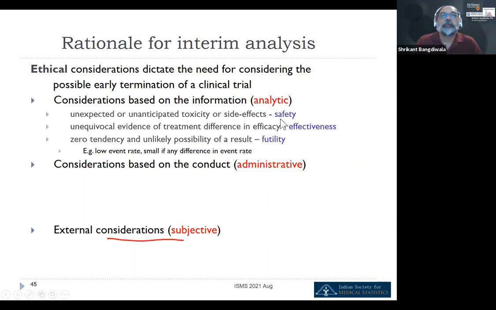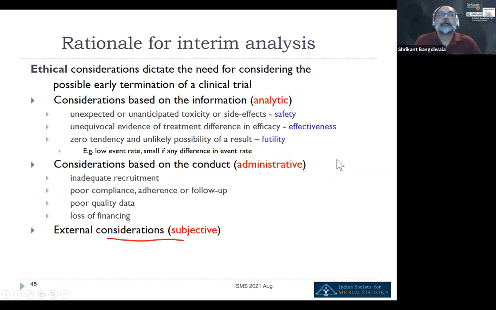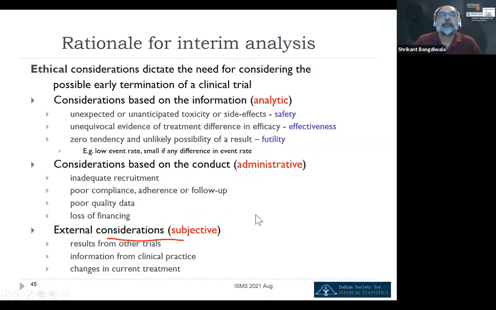And so you have issues of unacceptable safety problems, or effectiveness has been shown, or it is unlikely to produce results, or it's futile to go on because of maybe low event rates or a smaller difference than expected, et cetera. Administrative ones are a poorly conducted study, or other results from other studies.